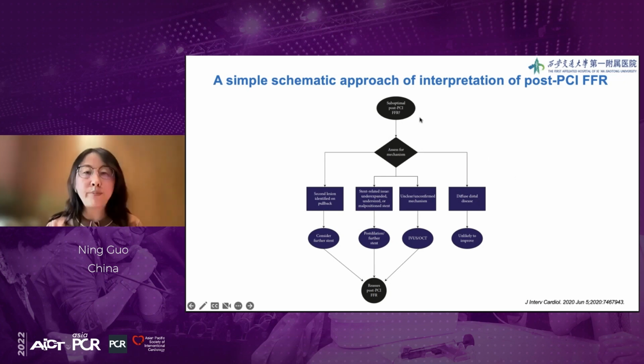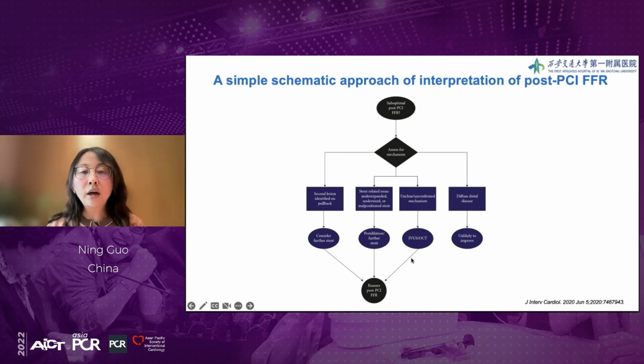If we get a suboptimal post-PCI FFR, maybe we need to assess the mechanism. If from the pullback we can find a second lesion, or we find underexpansion or hematoma, something like that, we can treat with another stent or further post-dilatation.